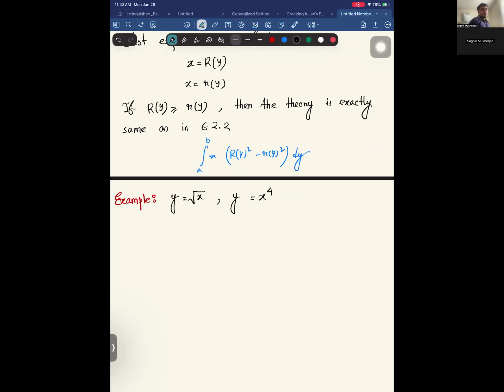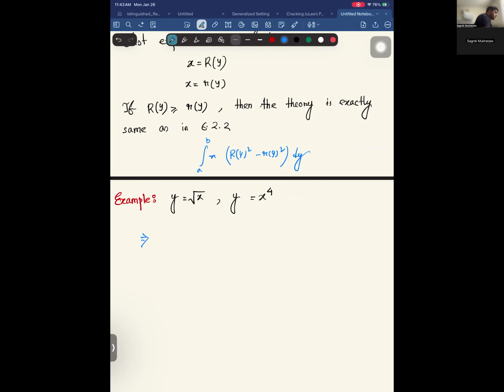Now see, these functions are not as we want them. We want something like x equals to something in y, but here it is y equals to something in x. So how should we do it?